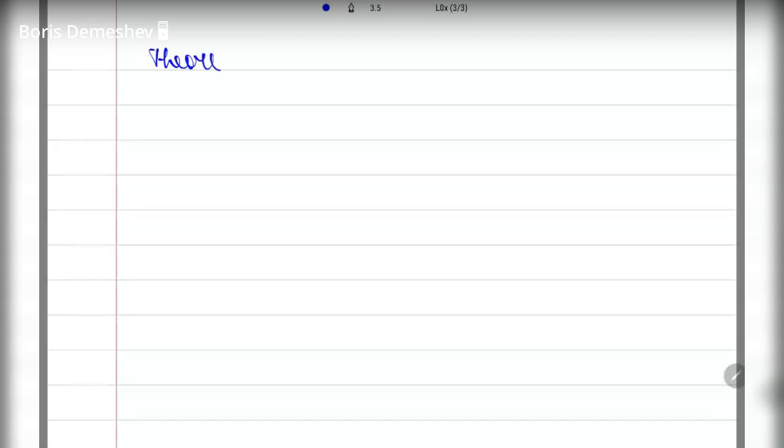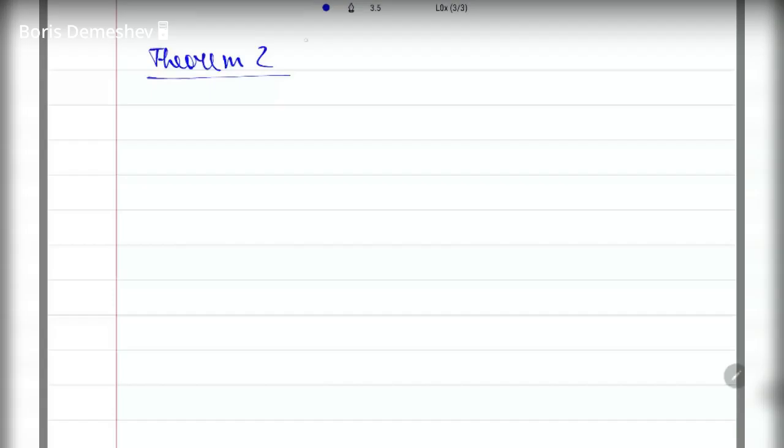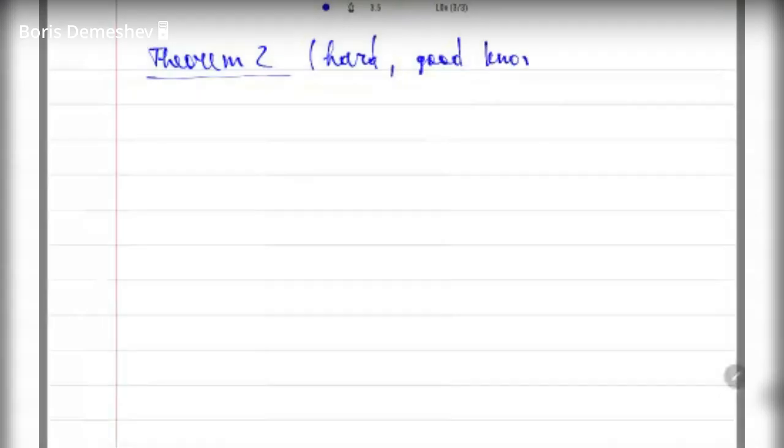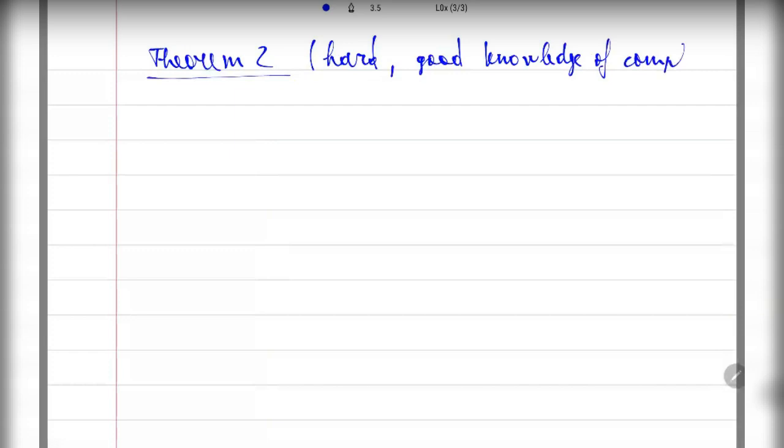Once again, we will not prove it. Theorem 2 about the number of stationary solutions. So Theorem 1 is obvious from examples, but Theorem 2 is hard. A good knowledge of complex analysis is required for the proof.